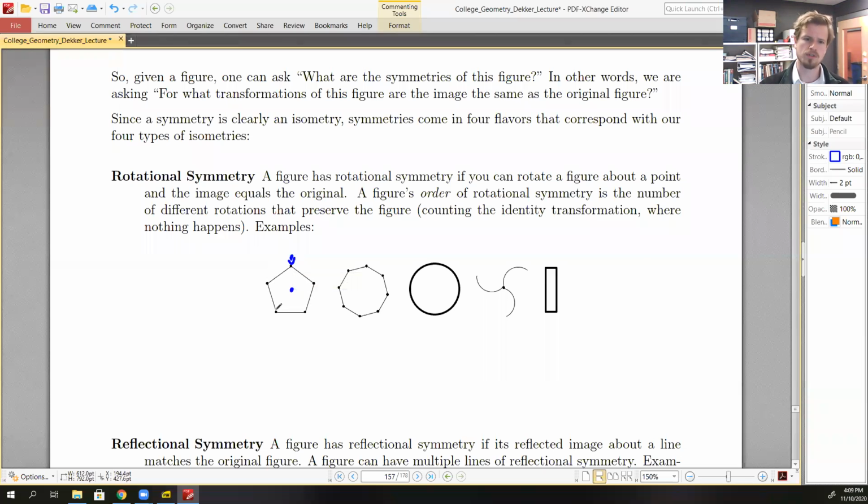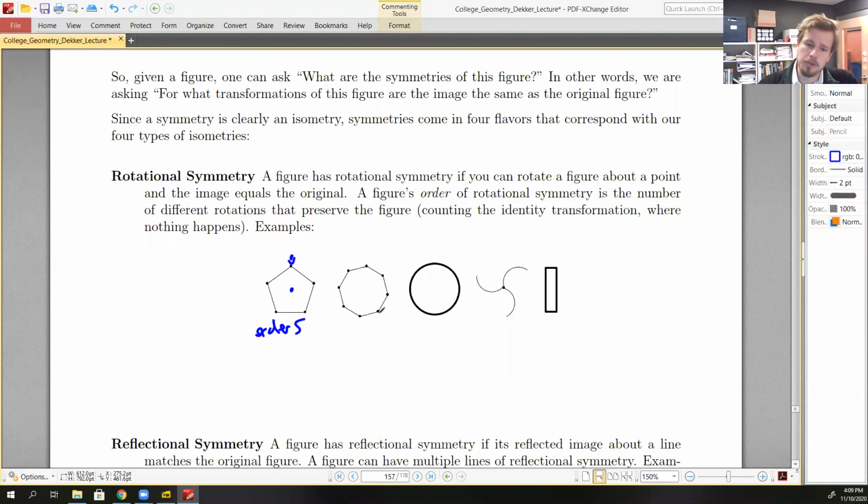So that's 1, 2, 3, 4, but I can also do no rotation and I would end up with the same image. So that gives me 5 different possibilities: no rotation, 1, 2, 3, 4. So this is order 5.